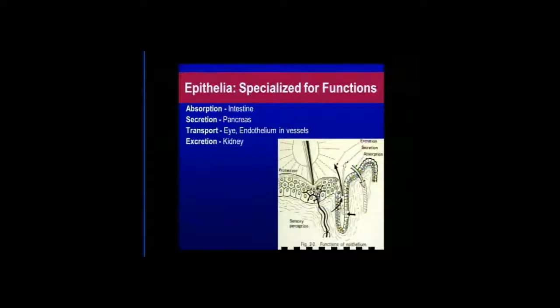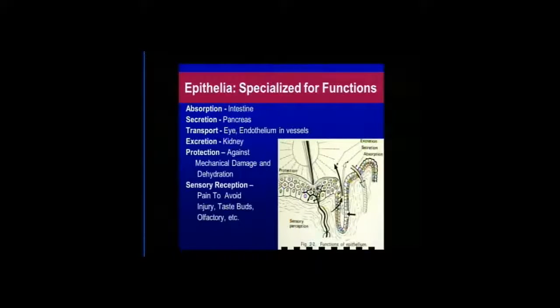Also, it's involved in excretion in the kidneys. Protection against dehydration and mechanical damage. That's what the skin does for us. Also, it's sensory. You can sense pain. You also have taste buds. You smell things. And so you have different sensory organs too. All those are epithelial cells.